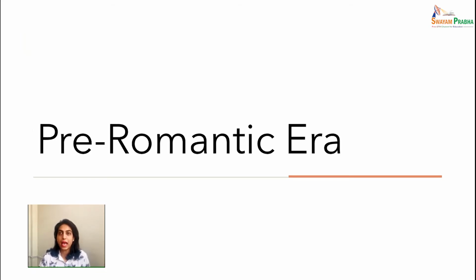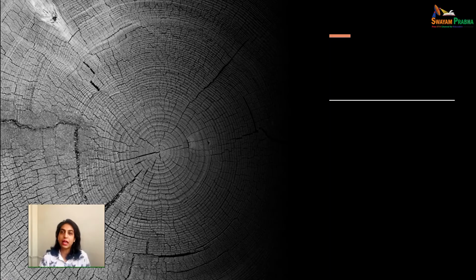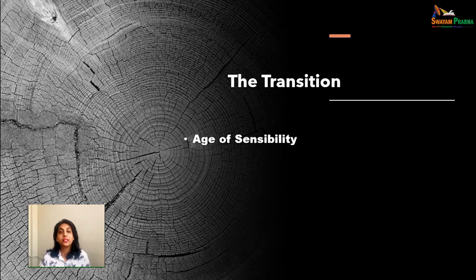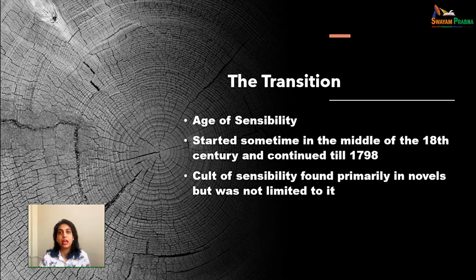And many had already started rejecting the artificiality of neoclassical expressions. So, the transition period that follows the neoclassical era is also known as the age of sensibility. This is the time wherein the seeds of Romanticism are found.